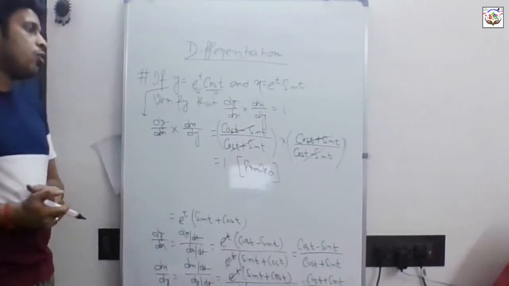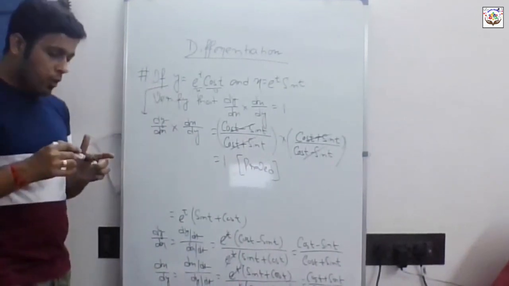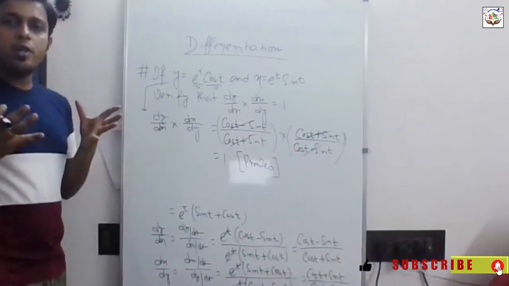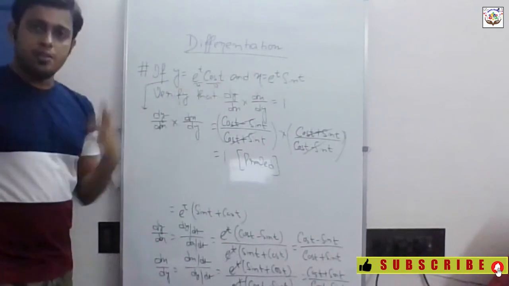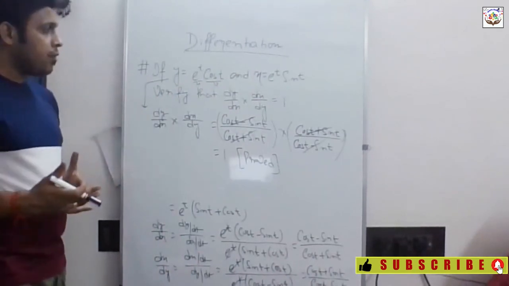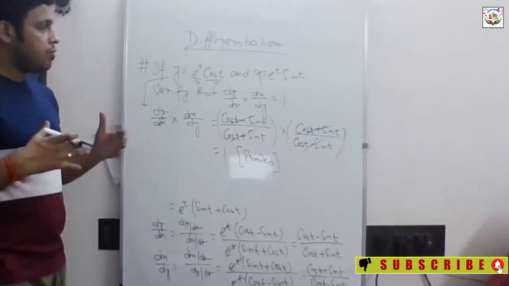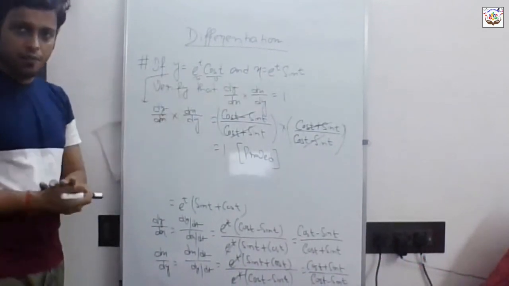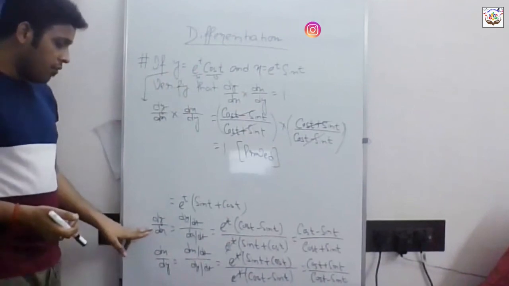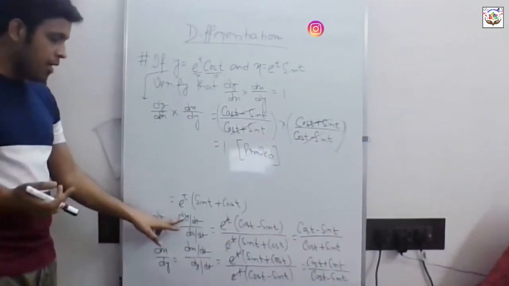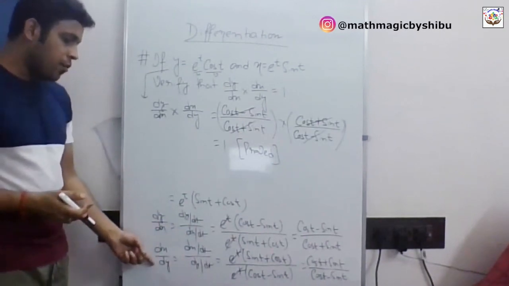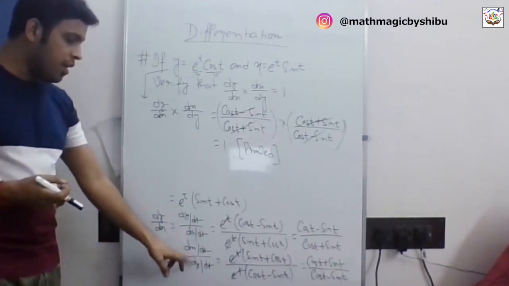Okay, so how did we start the problem? We started the problem by applying differentiation with respect to t on both these equations. Thereafter we showed the result of dy/dt and dx/dt. To get dy/dx, we have to do dy/dt divided by dx/dt, and to get the result of dx/dy, we have to do dx/dt divided by dy/dt.